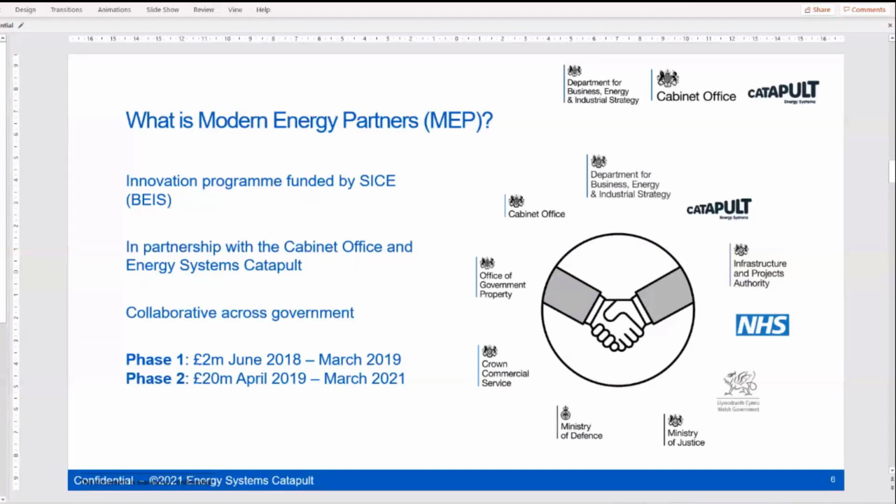The program's been basically in 2 phases. There was an early phase which was looking to set the scene, set up the program, and work out what the plans were, and that ran until March 2019. And then following that for a further 2 years until this March just gone, has been a much more delivery-intensive phase, during which time the real push of delivery has taken place.